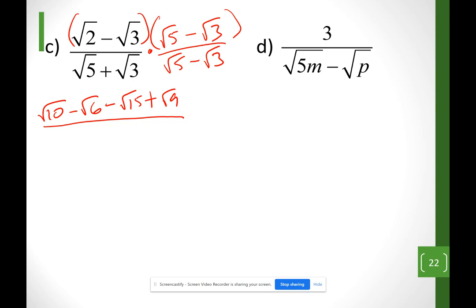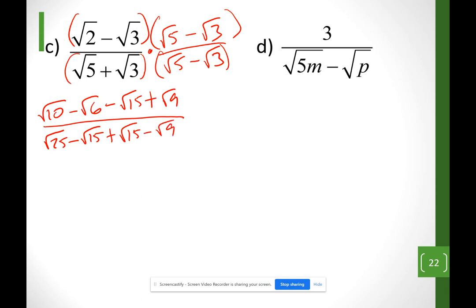Okay, so looking at the bottom now, let me start by distributing the radical 5. So that gives me radical 25 minus radical 15. Now let me distribute the radical 3 to the second parentheses. It's going to give me plus radical 15 minus radical 9.